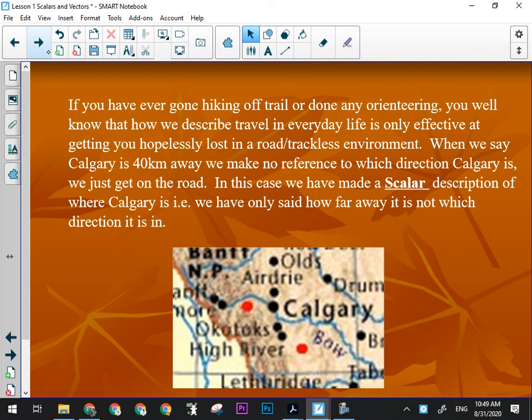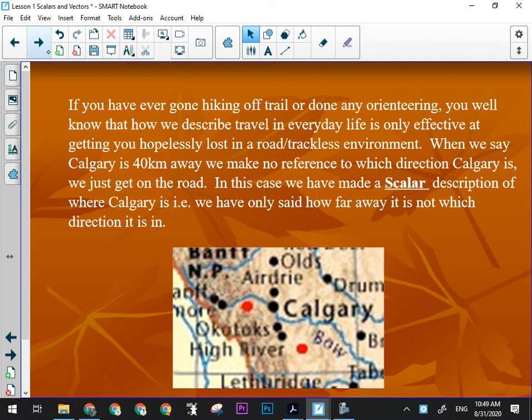If you've ever gone hiking off trail, done any orienteering, you know that the way we describe travel in everyday life is really only effective at getting you hopelessly lost in a roadless or trackless environment. Because we might say Calgary's 40 kilometers away. Well, that's effective for all of us because we know where Calgary is.